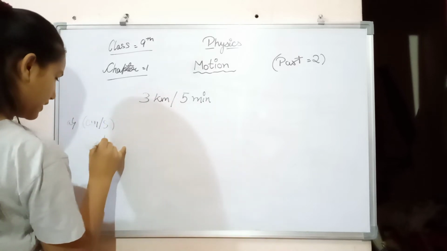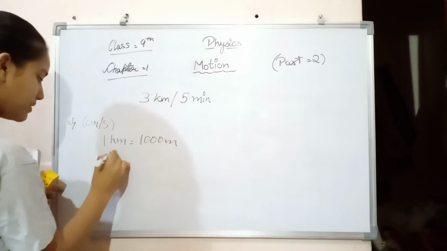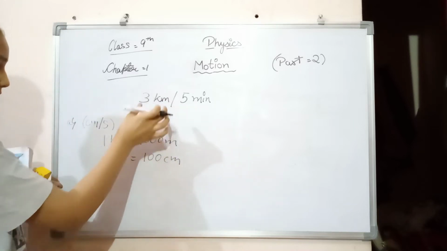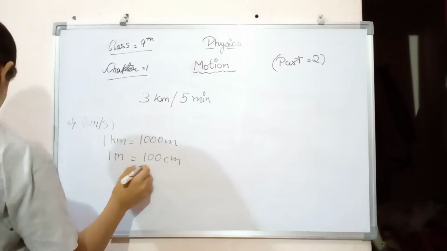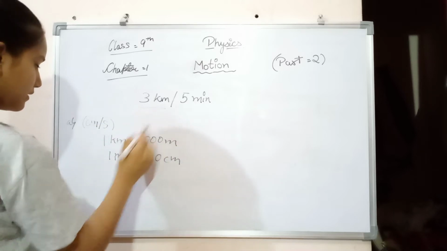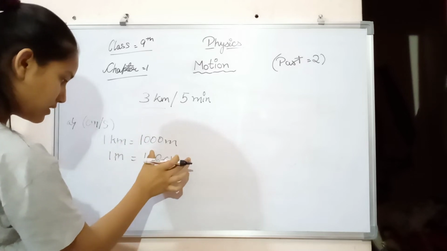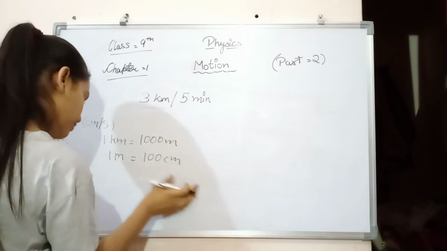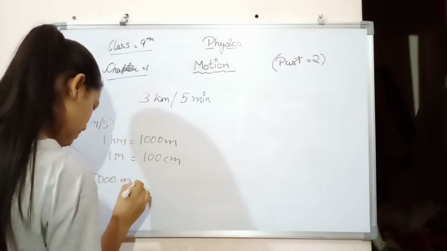So we know 1 kilometer has 1000 meters, and 1 meter has 100 centimeter. So 3 kilometers is 3000 meters, and 3000 meters is how much in centimeters?